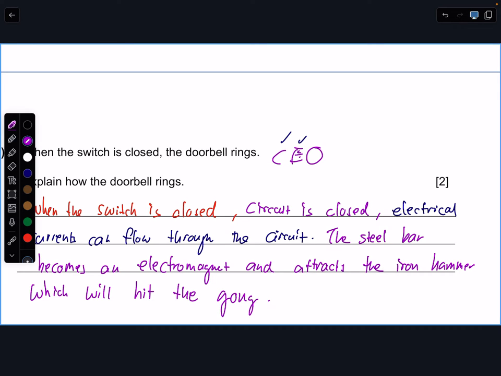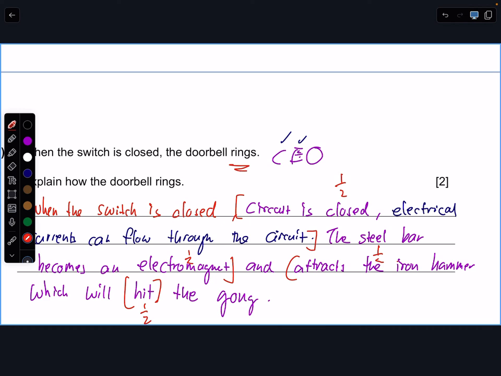Okay, where are my marks? So usually these two, circuit is closed and electrical current flows, are worth half a mark only. Together nowadays they mark like that. Usually one mark is for the steel bar becomes an electromagnet. Okay, half. Attracts is half. Hit the gong is another half.